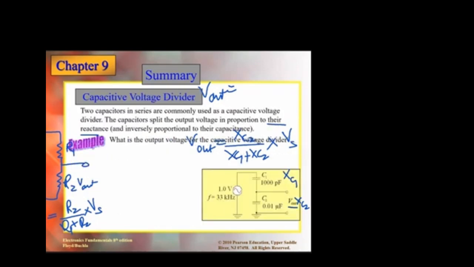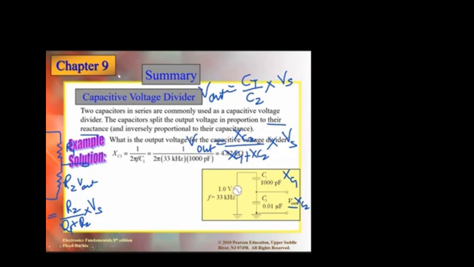So this formula I can write simply as CT over C2 multiplied by VS. Is it like that? So both formulas will work, either this or this. You can use it. Which you want to use, it's up to you. So let's see now the solution, how they are solving.